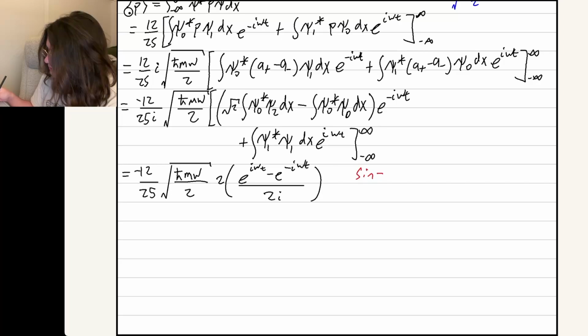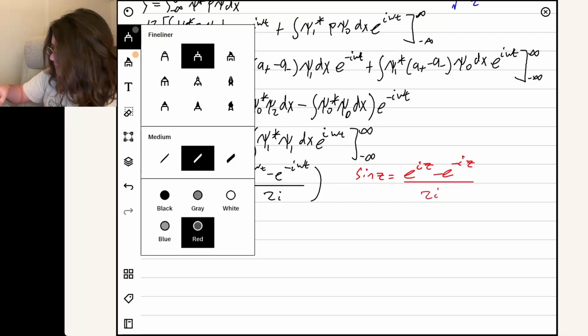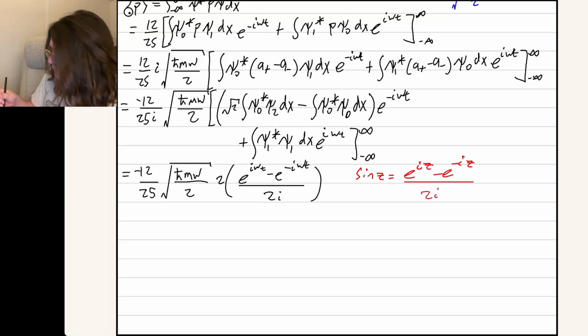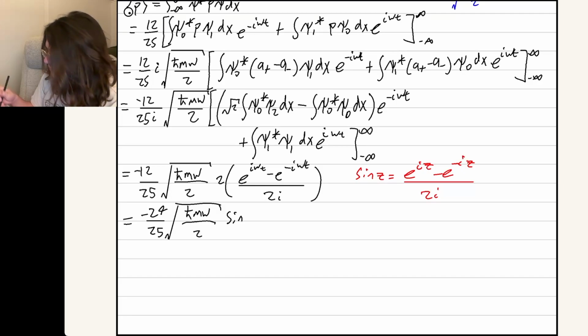So sine z equals e to the i z minus e to the minus i z over 2i. So doing that, we have minus 24 over 25 square root h bar m omega over 2 times sine omega t.